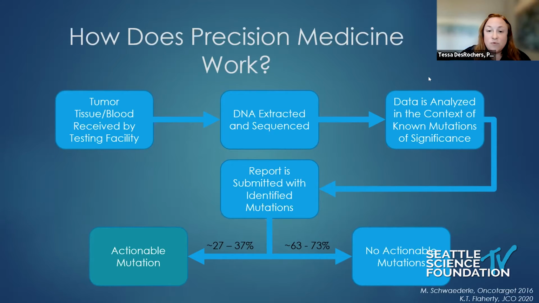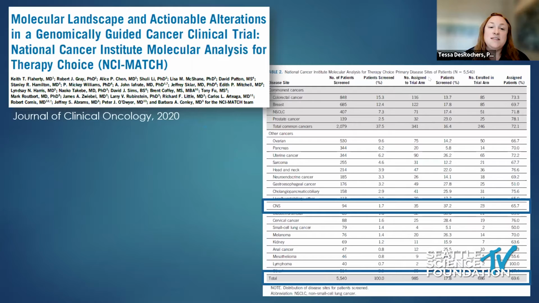And I'm just going to show quickly, this is from the NCI MATCH study, which basically enrolled thousands of patients, looked for actionable mutations, and then could assign those patients to trials dependent upon their actionable mutations. You can see I've highlighted the CNS population within the 5,500 patients that were screened within the study, and about 37% of those screened patients were able to be assigned to a trial.